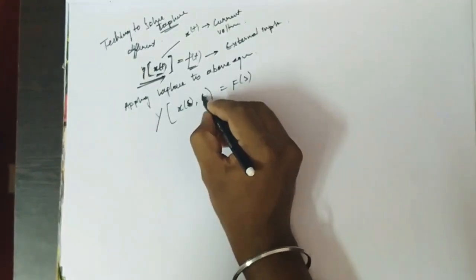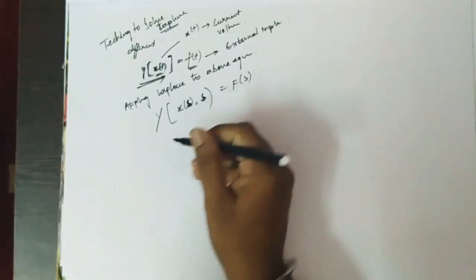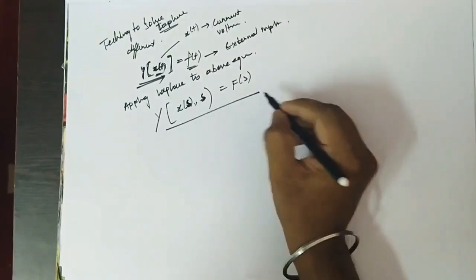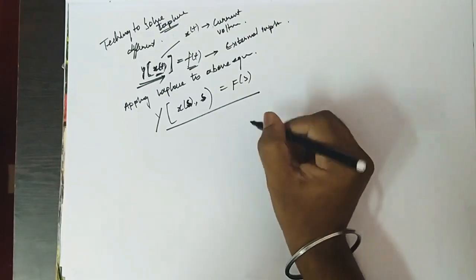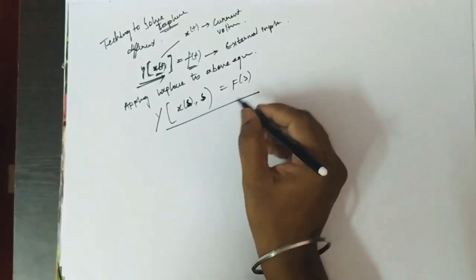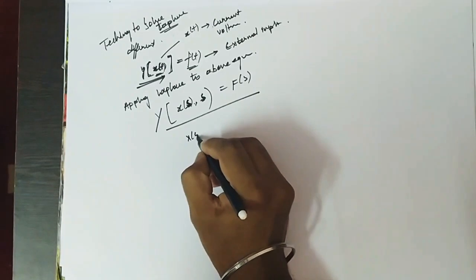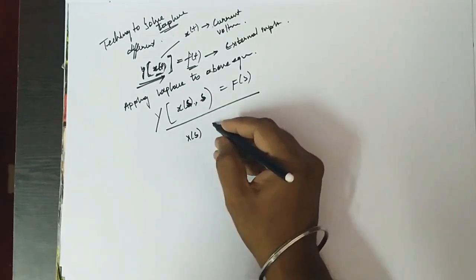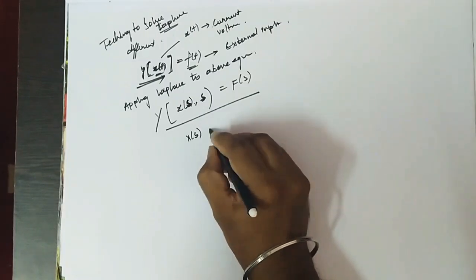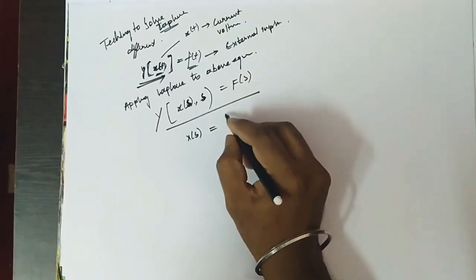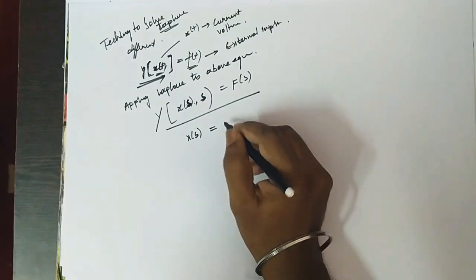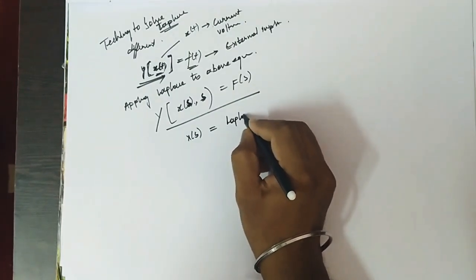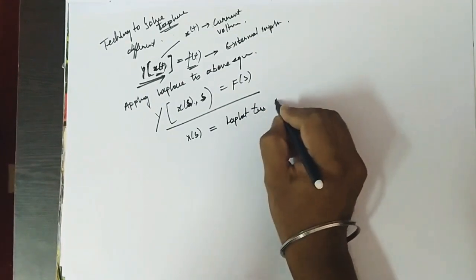So after you get the Laplace transforms of both sides, you will extract this x of s, and you will get the entire equation in the form of Laplace terms, s terms.